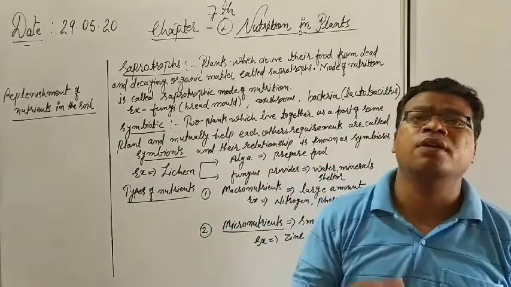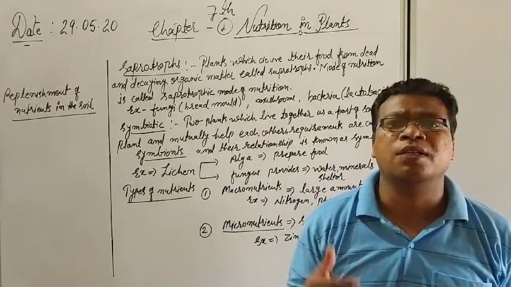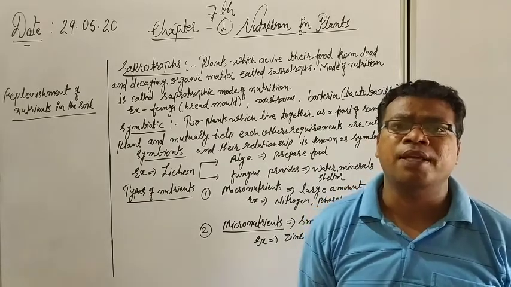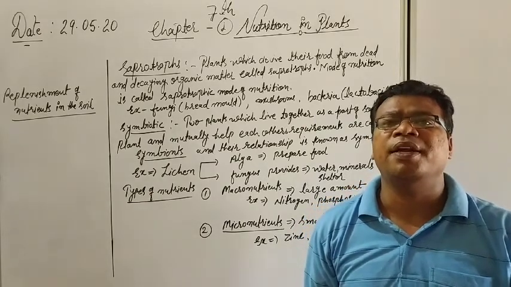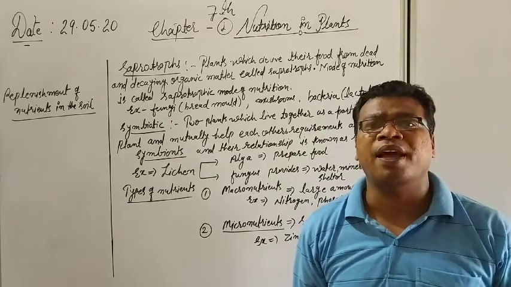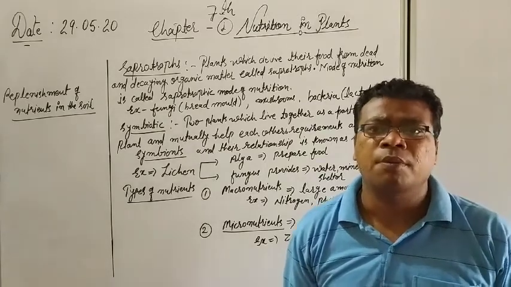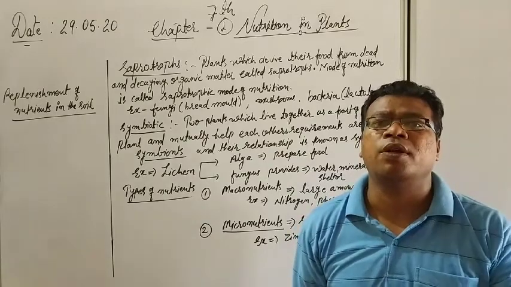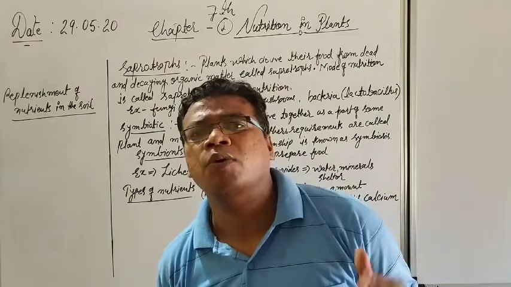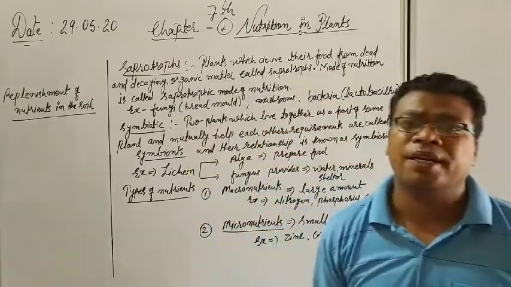For example, dodder, cuscuta, mistletoe. Mistletoe was the partial parasite, because it depends only partially on the host plant. It contains chlorophyll and can produce its own food, but it gets some raw materials like water and minerals from its host plant. So that was all about the parasites and the insectivorous plants.